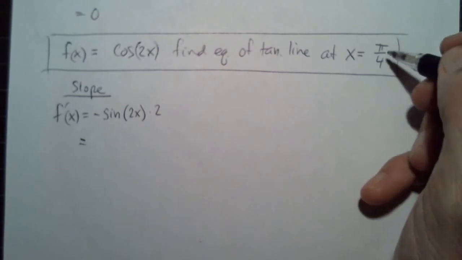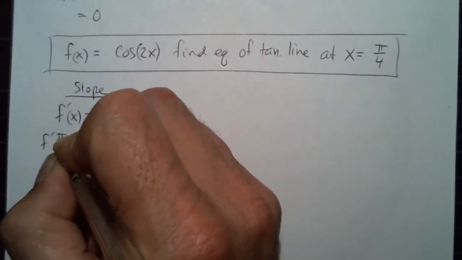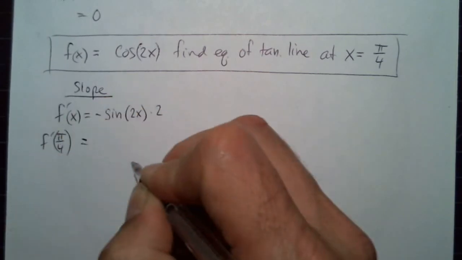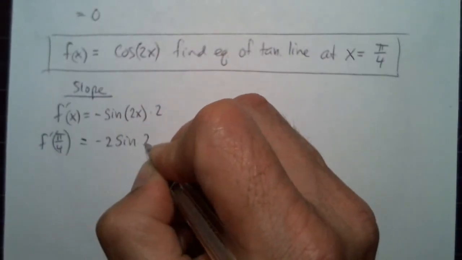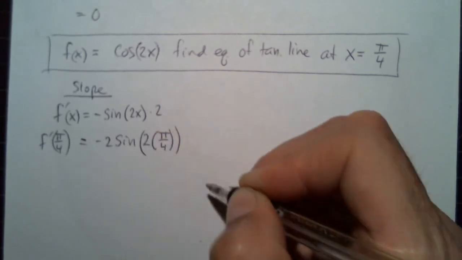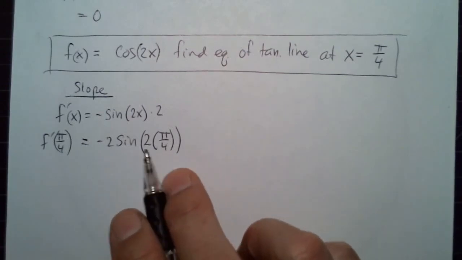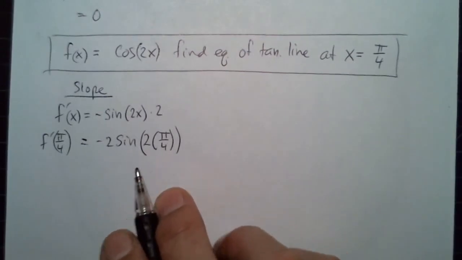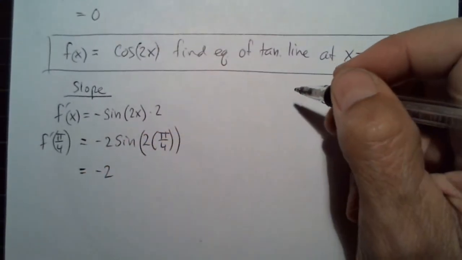And let's evaluate it at pi over 4. f prime of pi over 4. And that's pi over 2. Sine of pi over 2 is 1. And the slope is negative 2.